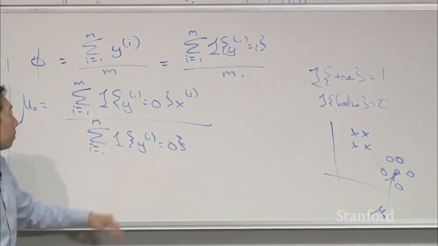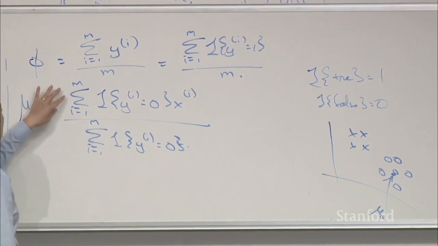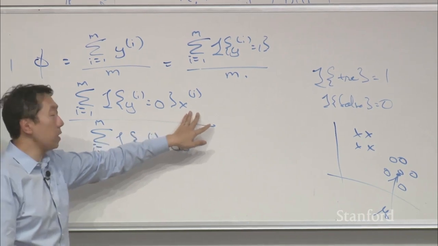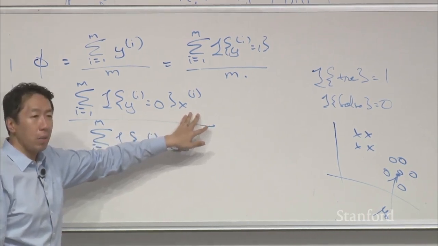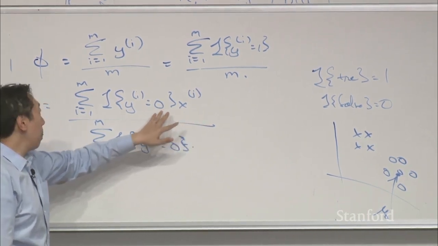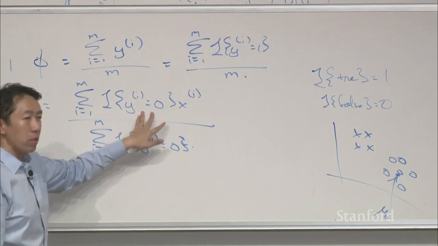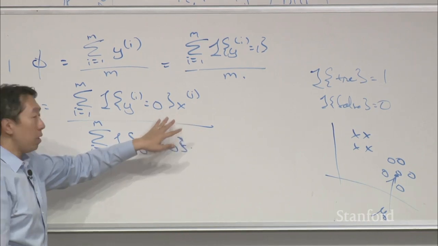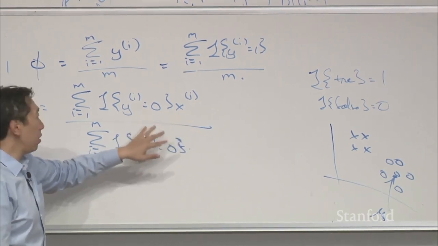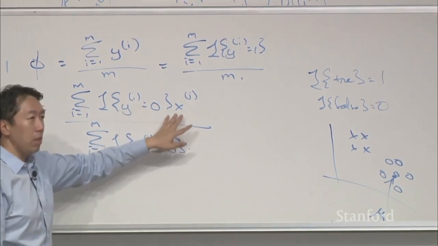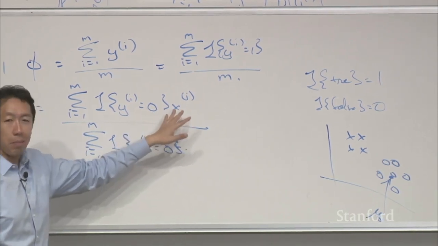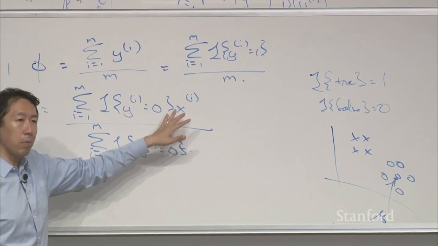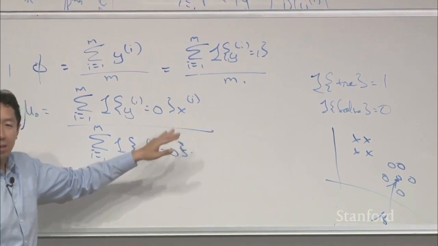And the numerator is sum from i equals 1 through m, indicator that it's a benign tumor, times x_i. The effect is that whenever a tumor is benign, it's 1 times the features. Whenever an example is malignant, it's 0 times the features. So the numerator is summing up the feature vectors for all of the examples that are benign. Does that make sense?